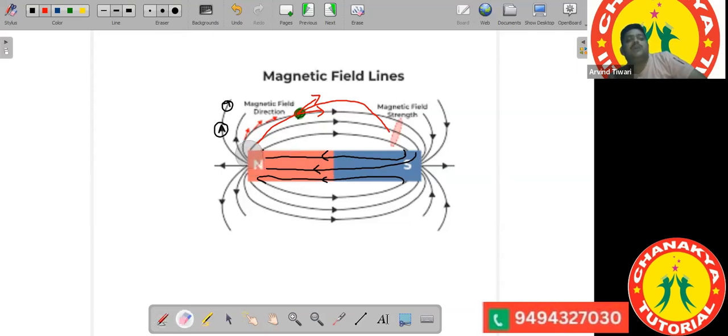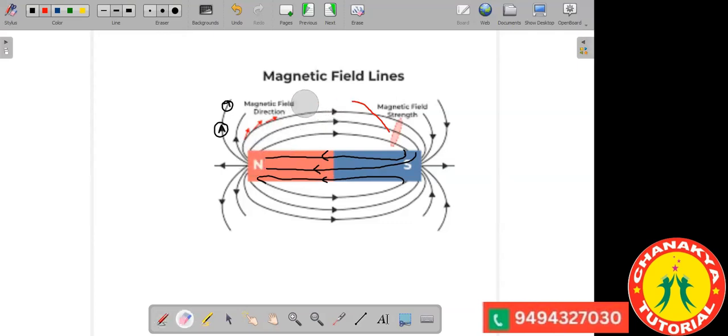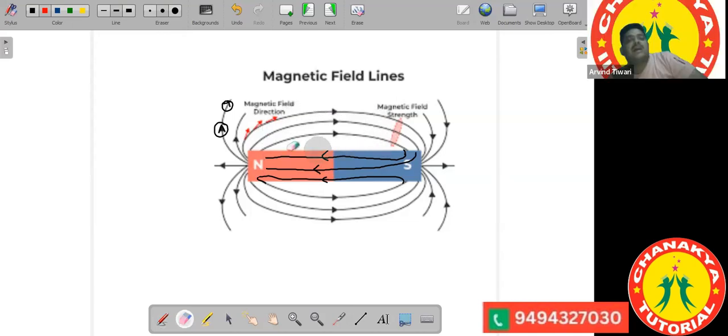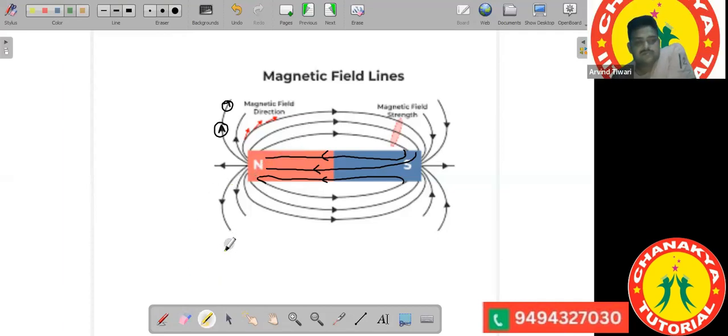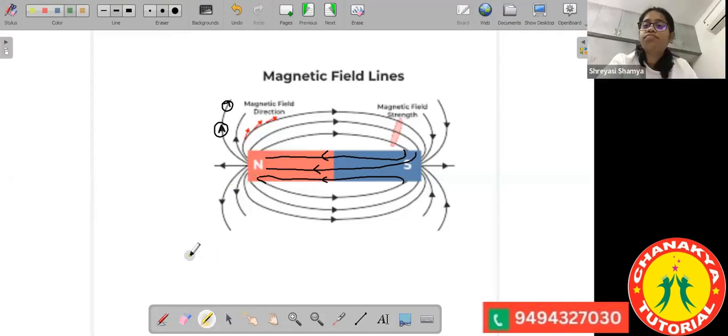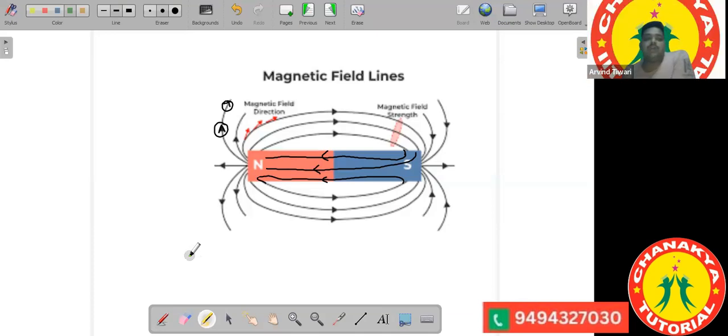Sir, you mean both at the same time? Yes, at the same time and at the same place. Is it possible anywhere? No, sir. You can't see your front and your back at the same time.